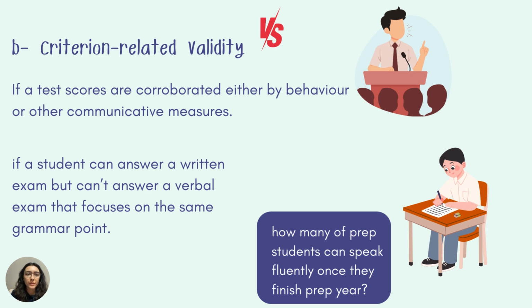So the next one is criterion related validity. If a test's scores are corroborated either by behavior or other communicative measures, for example, a test is taken by your students and he can show that he is actually equipped with those skills that he has taken the test of.